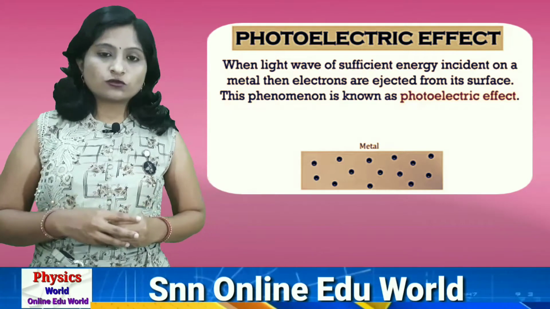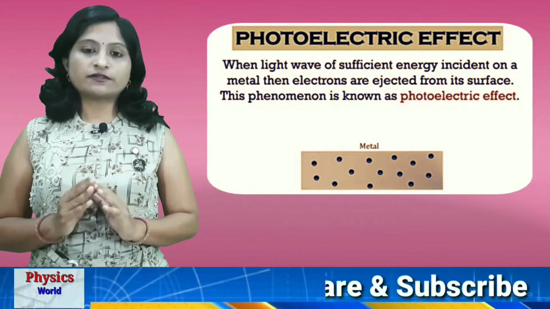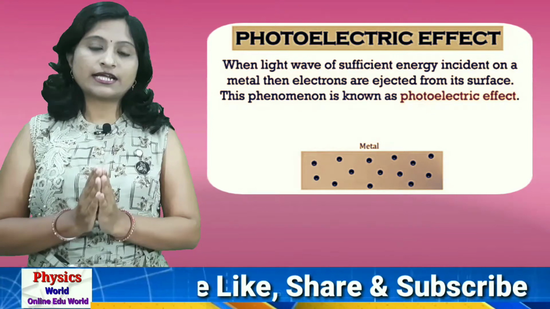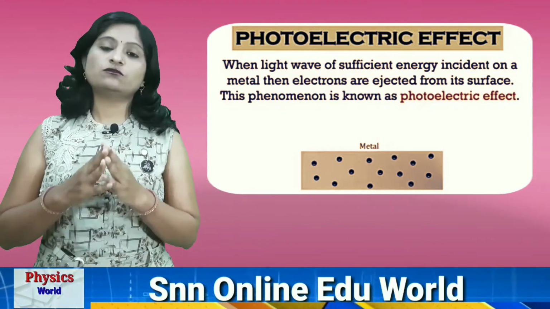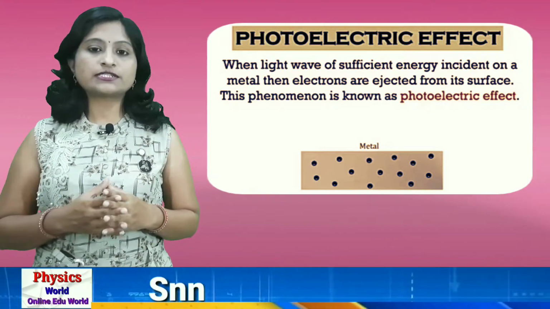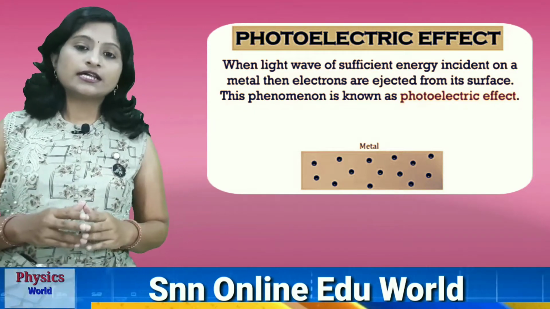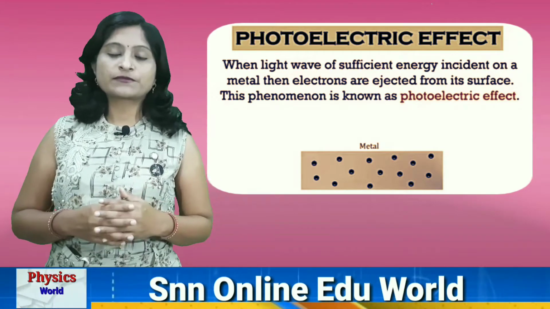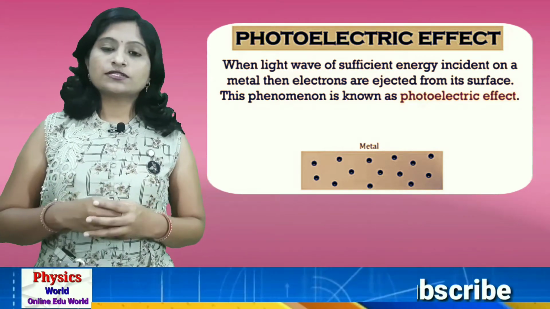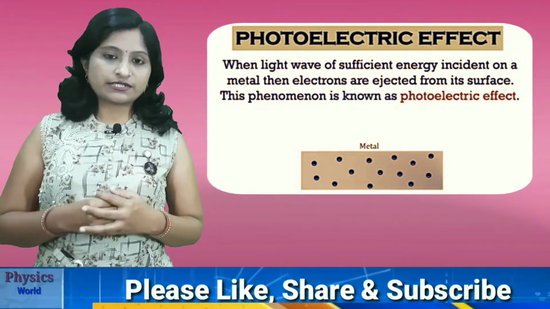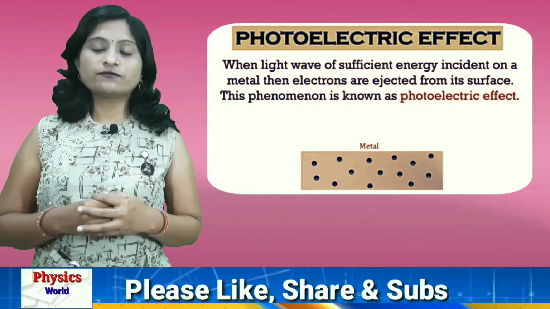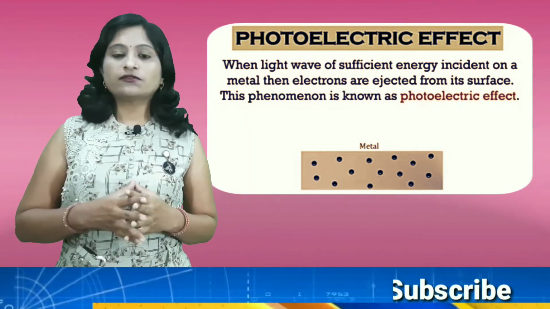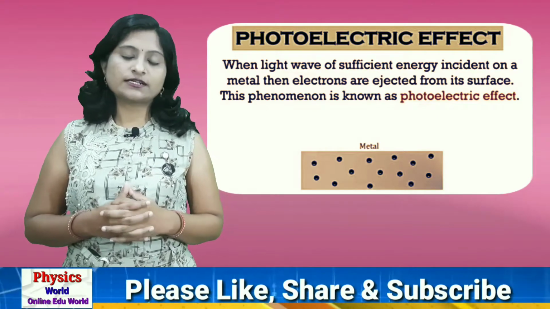Not ordinary light, but light of suitable energy or suitable frequency will produce this effect. Whenever light of suitable frequency falls on the surface of the metal plate, electrons become free from the surface. This effect is called the photoelectric effect.